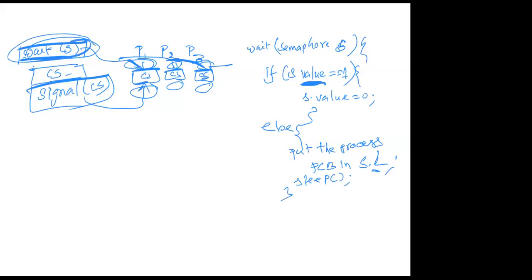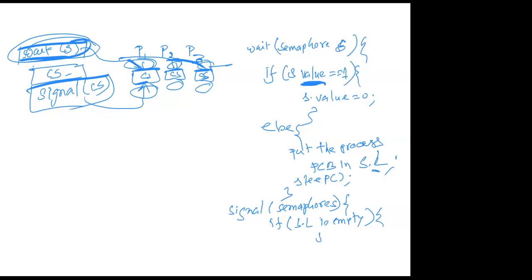For the signal function, it also takes the semaphore s as a parameter. Inside, it checks the queue list: if s.L is empty, there is no process waiting inside the queue for entering the critical section.